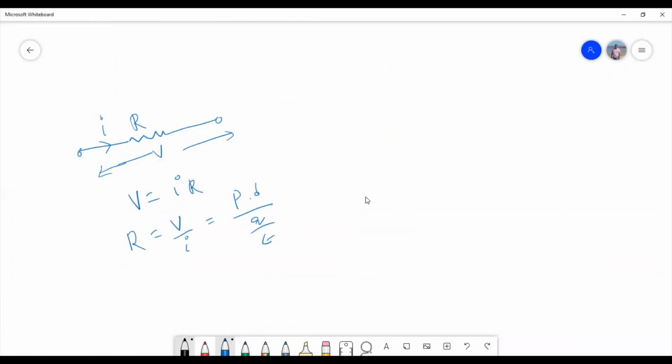Now let's see the same logic. Let's apply for a thermal conductor. Suppose you take a conductor. This end of the conductor is maintained at θ1, the other at θ2, L is the length. And suppose if I take θ1 greater than θ2, then heat starts flowing through the conductor.